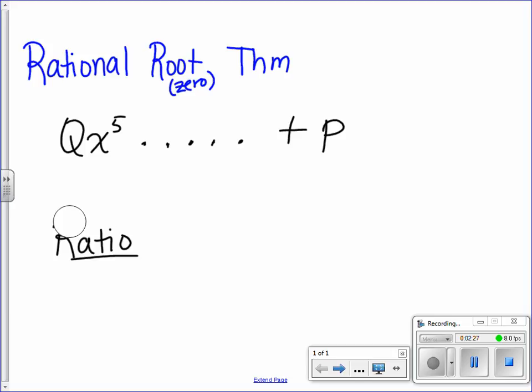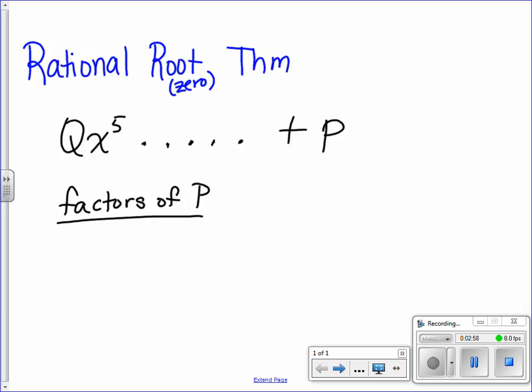So the rational root theorem says that any of the possible roots that are rational, that are real, not imaginary, not those crazy ones that we find with the quadratic formula, but the normal, pretty, happy numbers that we love, if those exist, they're going to be a ratio of the factors of p to the factors of q.